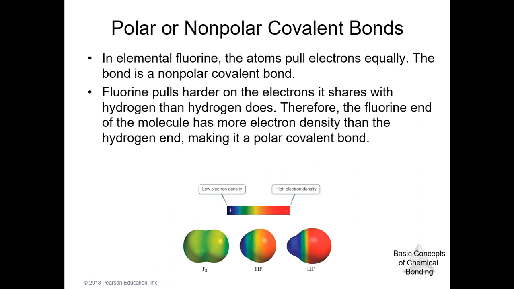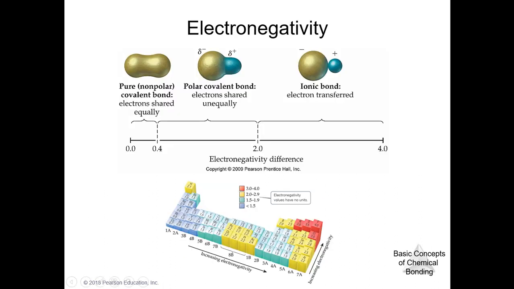Similarly with lithium fluoride, fluorine pulls the electron cloud harder, and lithium has a very small electronegativity. These bonds we call polar covalent because the electron cloud is not equally shared. So if the covalent bond equally shares the electron pair between these two atoms, we call it pure covalent or nonpolar covalent.